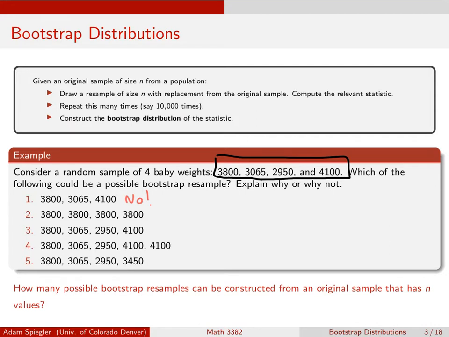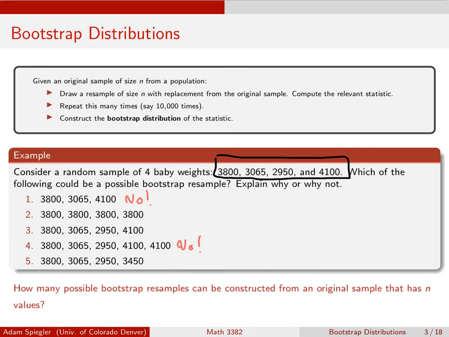For the same reason, the sample in 3 would be no good because it has 5 values when we should only have 4. So 1 and 3 are out, because one definite requirement is that each bootstrap sample should have the same number of values in it.